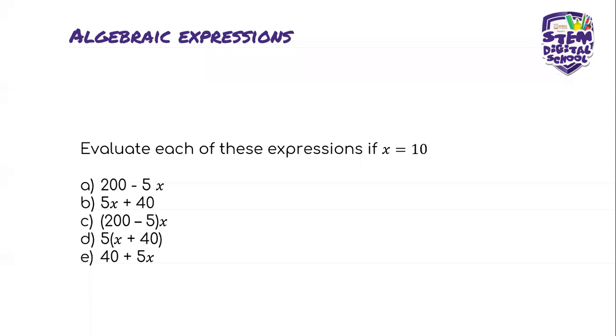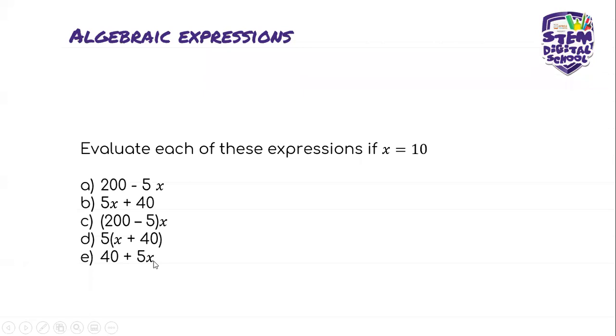The first one is 200 minus 5x, followed by 5x plus 40, 200 minus 5, both of which are in brackets, and then you multiply that by x. So that is a binomial inside there, 200 minus 5. And then the next one is 5 open bracket x plus 40. And the last one is 40 plus 5x.